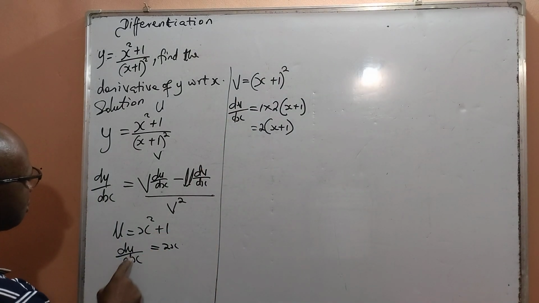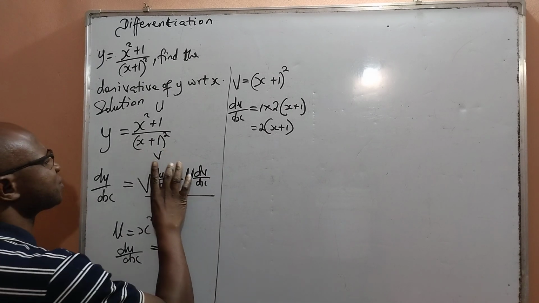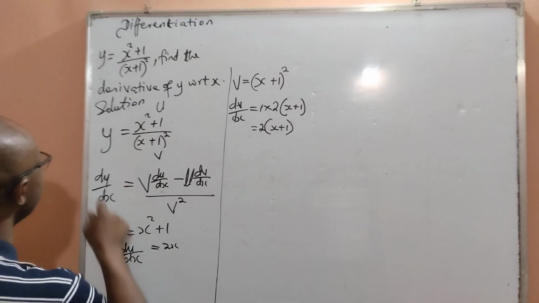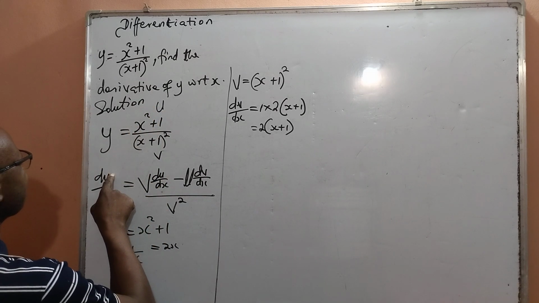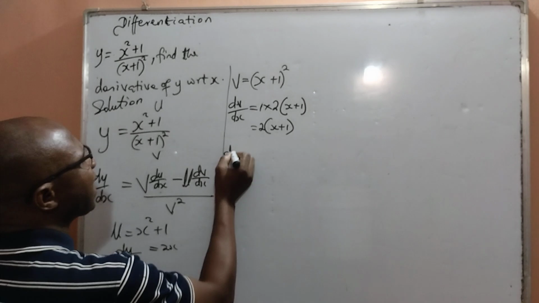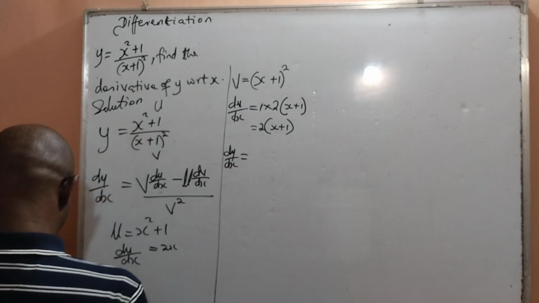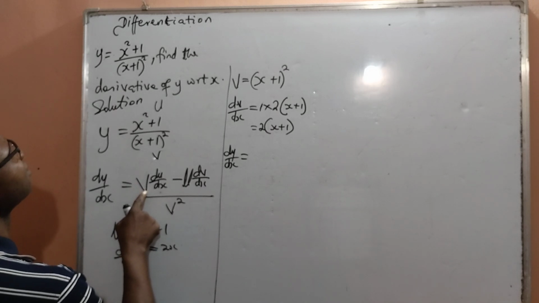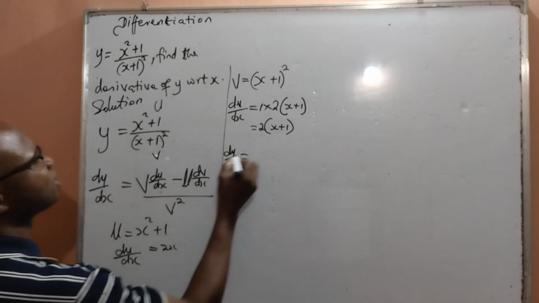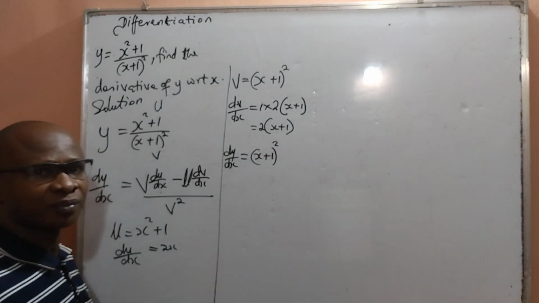At this point, I have gotten dv/dx, and I have also gotten du/dx. I know v, I know u. I will now substitute into the quotient rule formula for differentiating y with respect to x. Therefore, dy/dx: v is the one at the denominator, which is (x plus 1) raised to power 2.